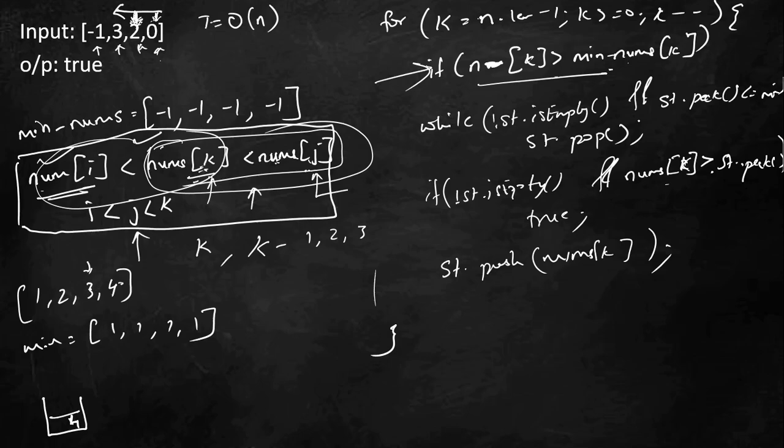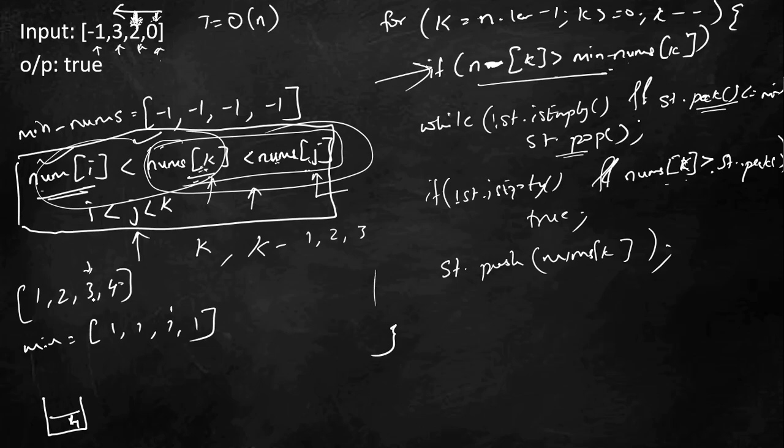It will check whether the current pointer is greater than the min value, yes. Then, is nums of k greater than the value in my st.peek? So my stack will not be popped.